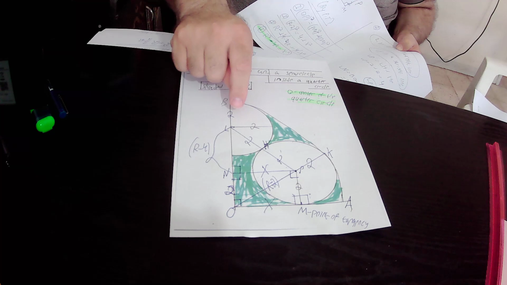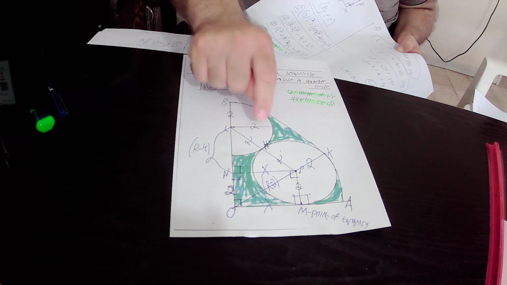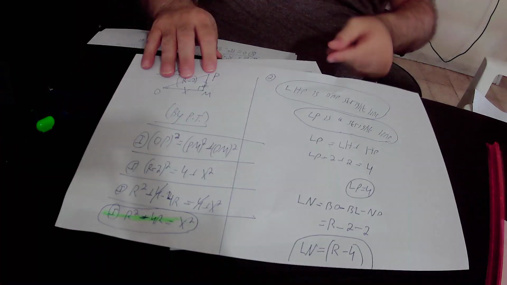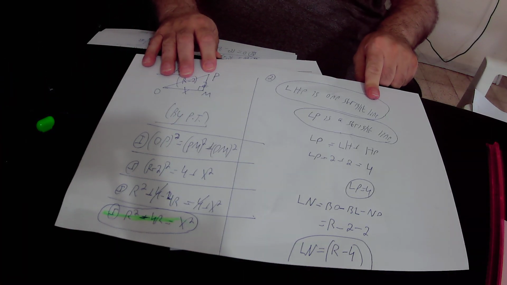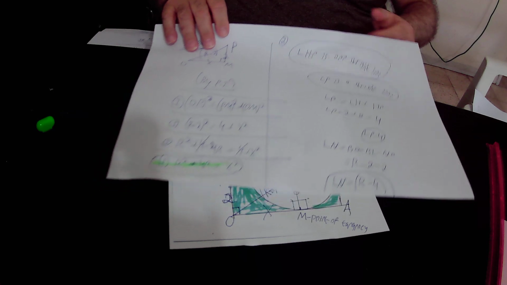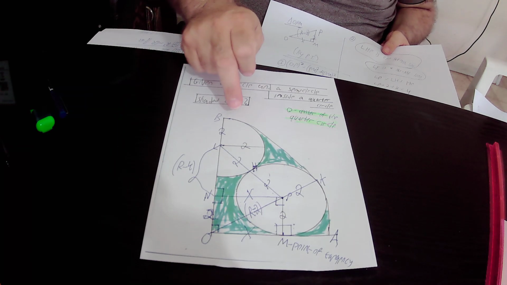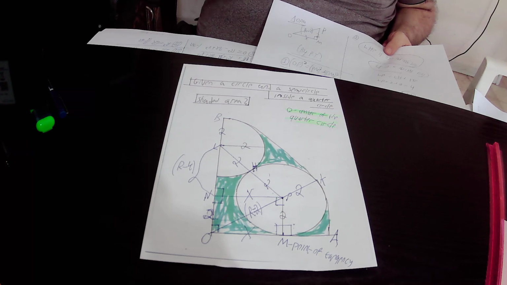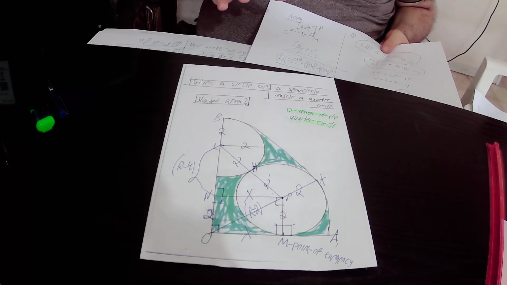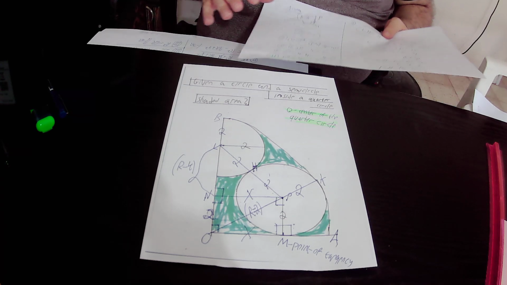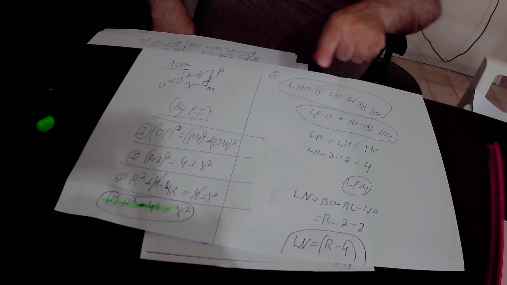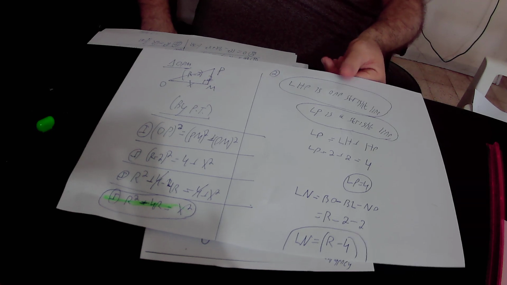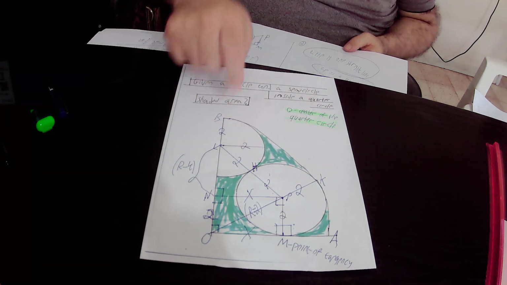In other words, LHP is one straight line. We can also say that points L, H, and P are all located on one straight line. So if LHP is a straight line, it means that LP is also a straight line.